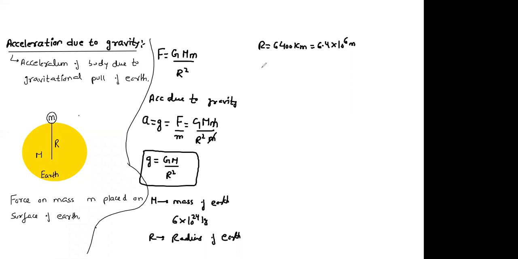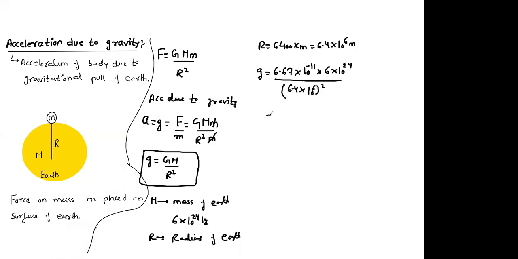If I substitute all these values here, capital G is 6.67 into 10 raised to the power minus 11, M is 6 into 10 raised to the power 24 kg, and capital R is 6400 kilometer, or in meter, this is 6.4 into 10 raised to the power 6, square.